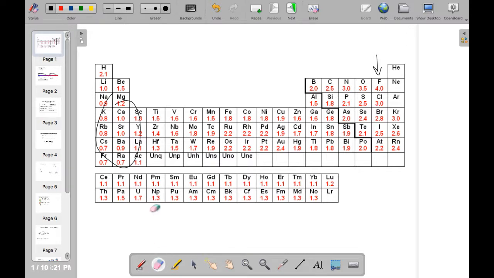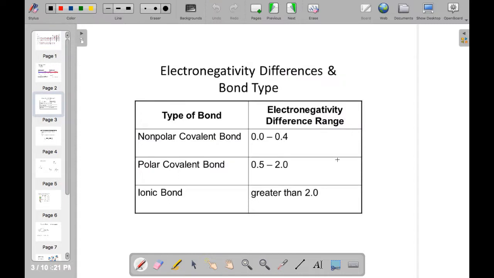So what does this have to do with polarity? Well, let's go ahead and look at a scale that shows different types of bonds based on electronegativity differences.